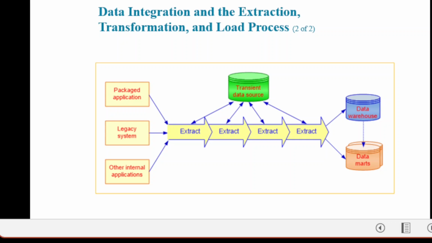Transform the data, meaning that we convert the extracted data from its previous form to a form that it needs to be in so that it can be placed into a data warehouse or another data warehouse, and load them into the data warehouse. Transformation occurs by using rules or lookup tables, combining data with other data. So these are the three main components: extract, transform, and load. Of course, in the middle, we have cleansing of the data.